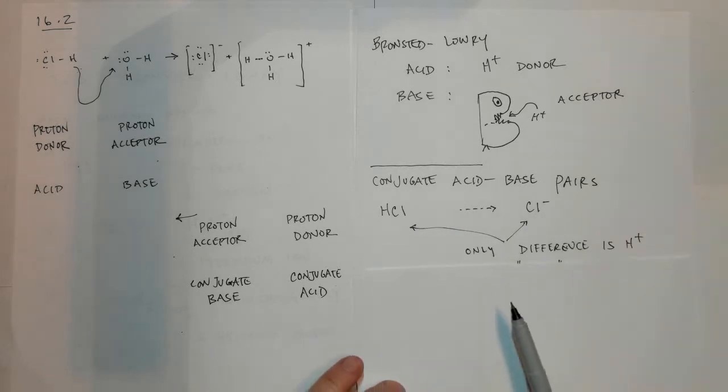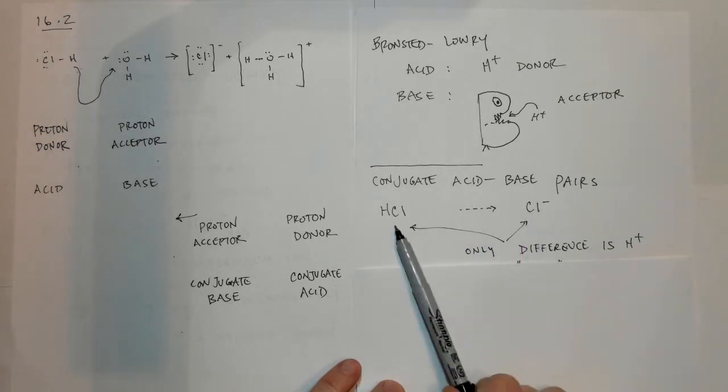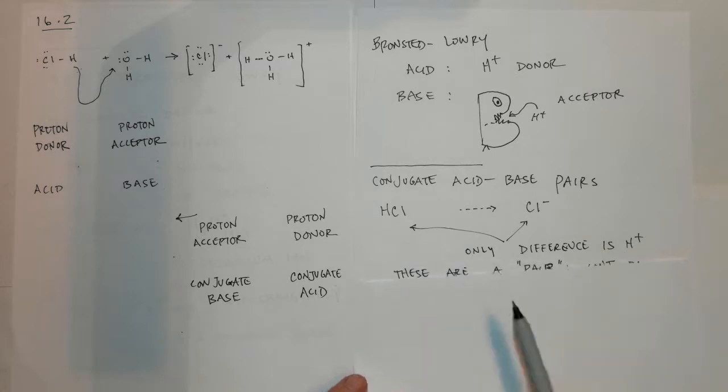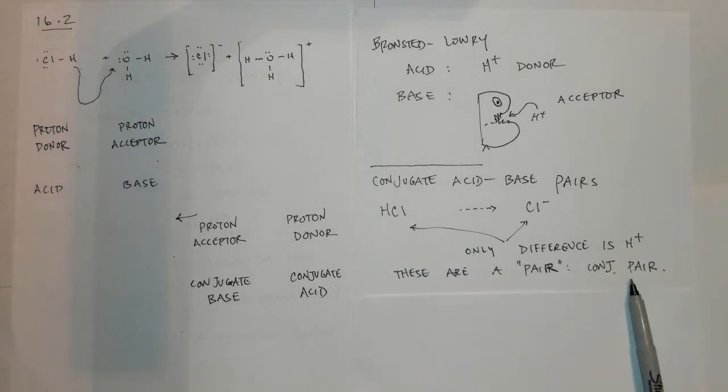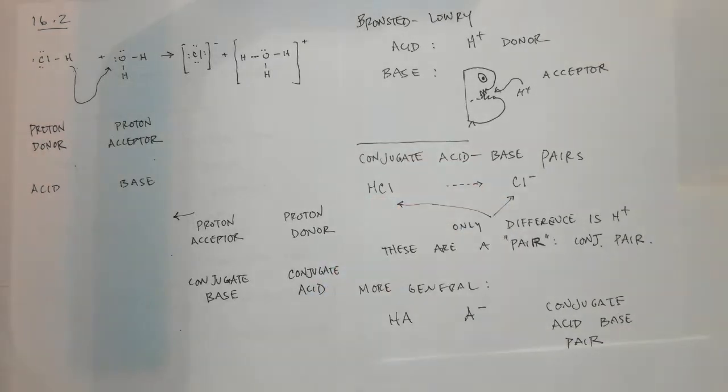These are called a conjugate acid-base pair, and the only difference is the H+ right here. More generally, you can say that the acid is going to have one more H than the base, and these are called a conjugate acid-base pair of one another.